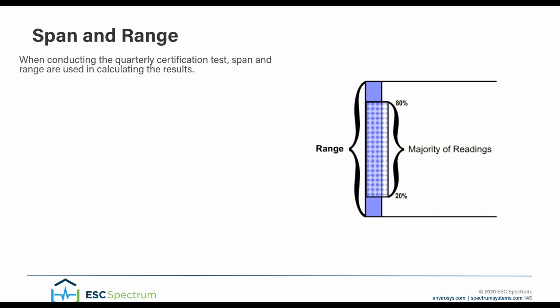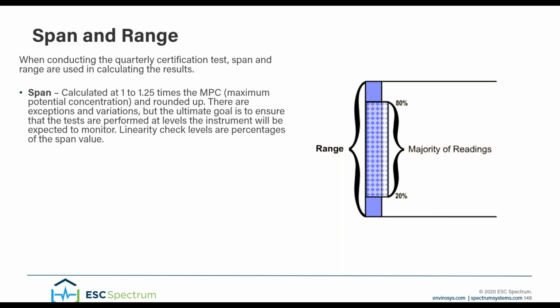Now, of course, we don't just look at it willy-nilly and say, okay, well, the range of my instrument is blah, blah, so I'll just throw it in between here and there. There is actually math and formulas associated with the span and the range. The span is calculated at 1 to 1.2 times the maximum potential concentration, and then rounded up.